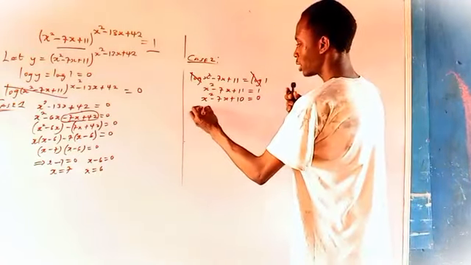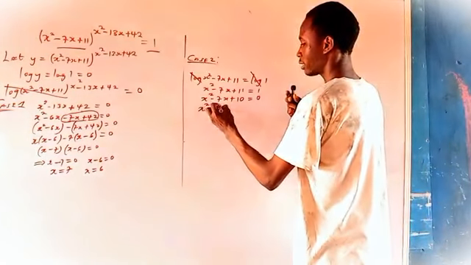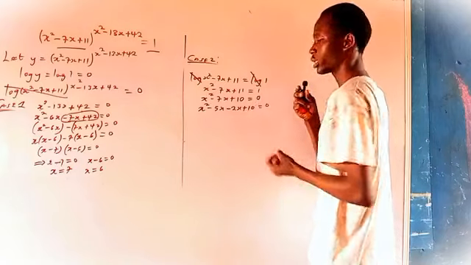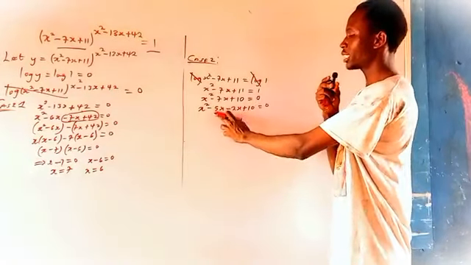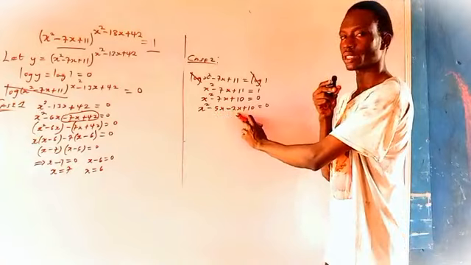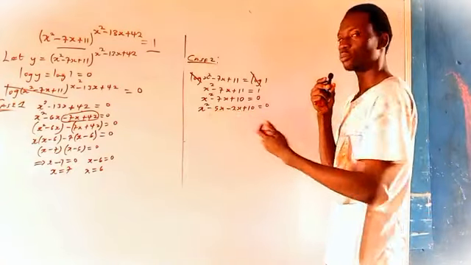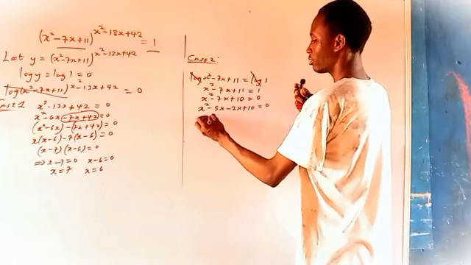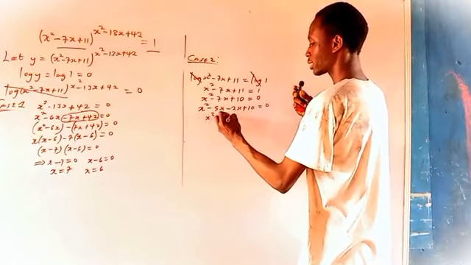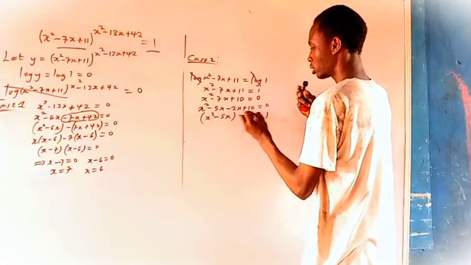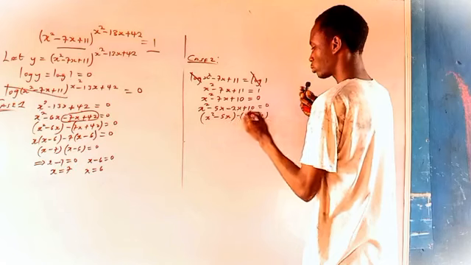So I'm having x to the power of 2 minus 5x minus 2x plus 10 equals to 0. If we sum negative 5x and negative 2x together, we're having negative 7x, and if we multiply them together, we are going to have a positive 10x squared. So I'm having x to the power of 2 minus 5x, minus 2x plus 10 equals to 0.